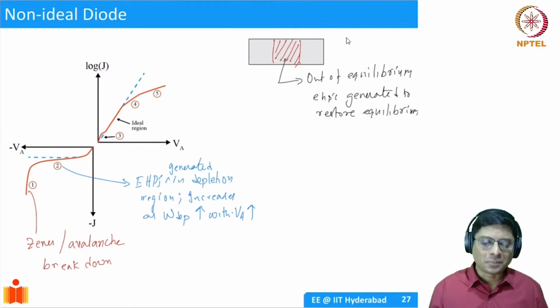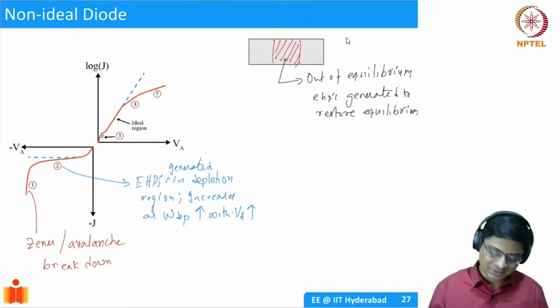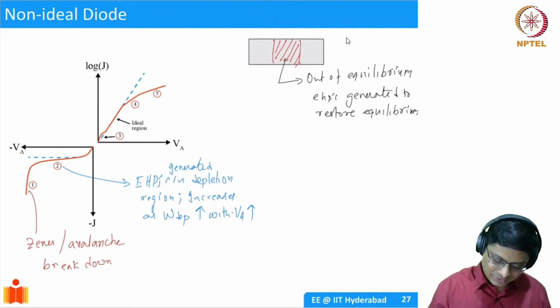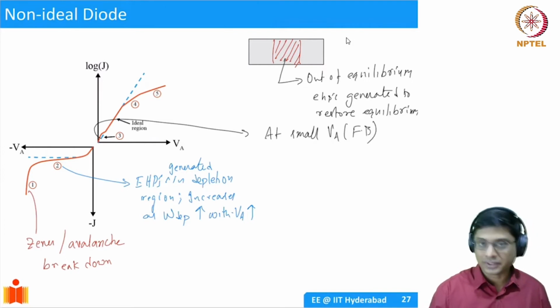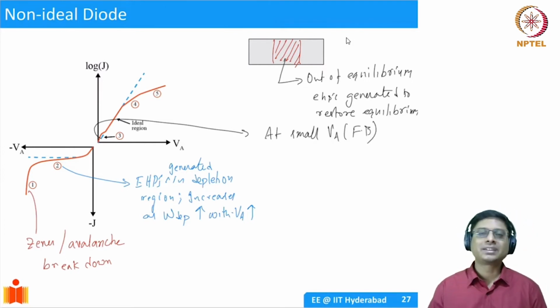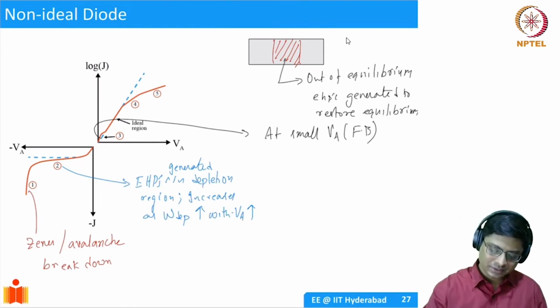And the opposite phenomenon happens at small voltages in the forward bias. So you see here, this was at small VA, forward bias, not reverse. What happens there? You're essentially injecting minority carriers. So you're bringing in holes here and you're bringing in electrons from this side.